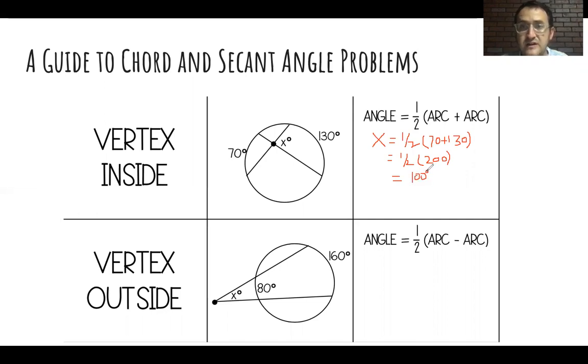Every once in a while, you may see in your practices that there will be some algebraic expressions put in there. And you'll just have a little bit of algebra to solve after you have that set up. When we have a situation where we have secant lines that are intersecting, where the vertex is outside and you have two arc measures given, what you're going to do is X is equal to 1/2, and I'm going to subtract 160 and 80.